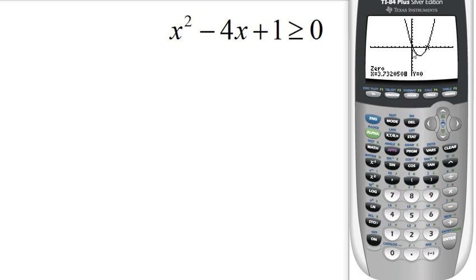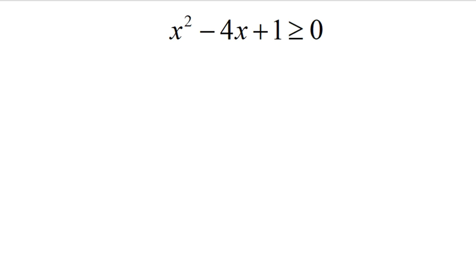So the answers would be, I want to be greater than 0, right? It says greater than or equal to 0. So that would mean any value left of 0.2679 and any value to the right of 3.7321. So if I was looking for an answer with approximations, the answer would be negative infinity to 0.2679. Bracket, sorry.